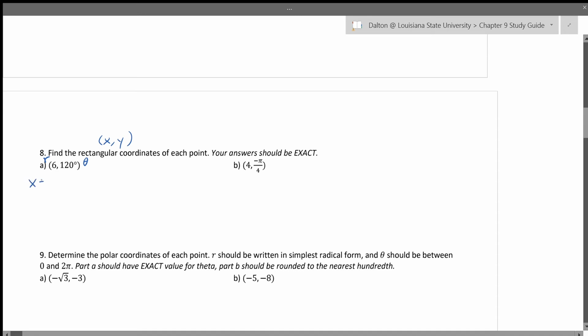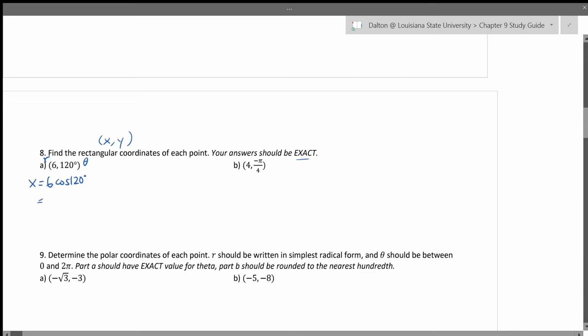We know that x can be found by doing r times the cosine of theta. So if r is 6, then I'm going to have 6 times the cosine of 120 degrees. Okay, so then remember, I want you to give me exact values.